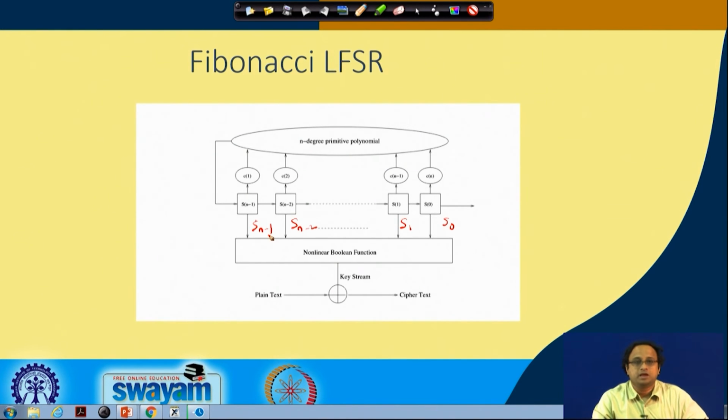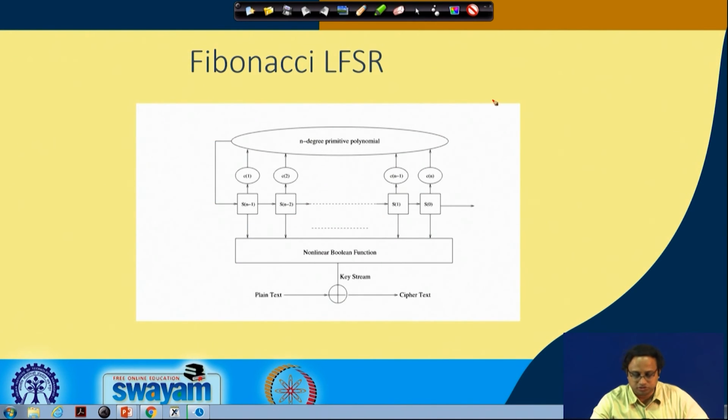Then we observe the feedback polynomial, which is based on XOR, so the only gates here are XOR. You tap out a few positions, called taps, calculate the output of this circuit, and feed it back. So this is your feedback. This particular configuration is what is called the Fibonacci style of LFSRs.